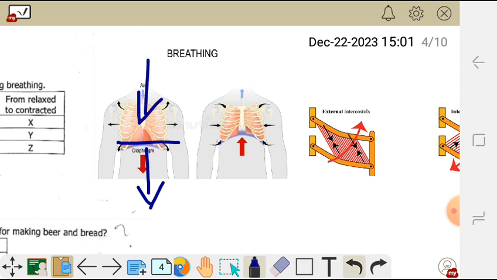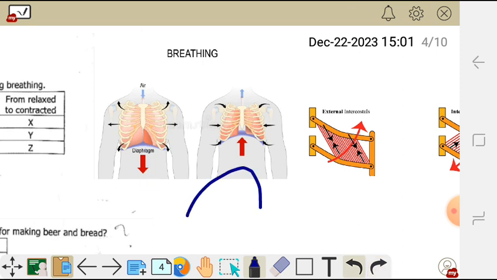That's what happens to the diaphragm. It is dome-shaped, but when you inspire, it is going to be flat. It is going to contract, pulling the lungs in that direction. Then from there, when you expire, it is going to relax. So during inspiration, it contracts.